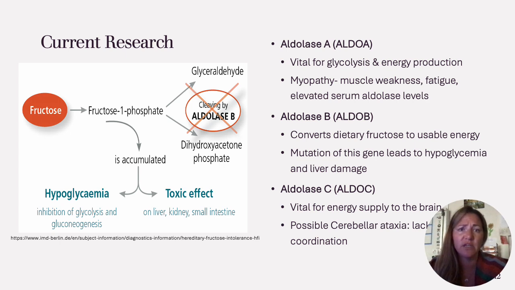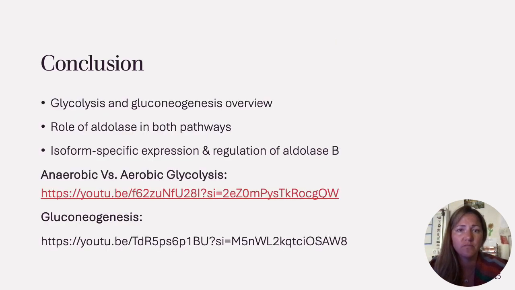Dysregulation of these isoforms can lead to various diseases, as we've already underlined. Understanding the regulation and expression patterns of these isoforms is crucial for diagnosing and managing related metabolic, muscular, and neurogenic conditions.